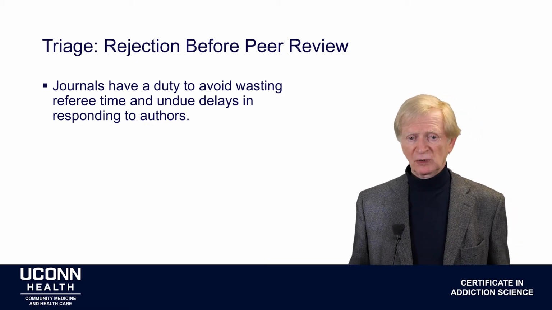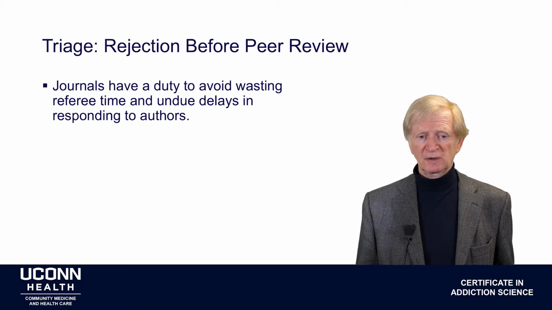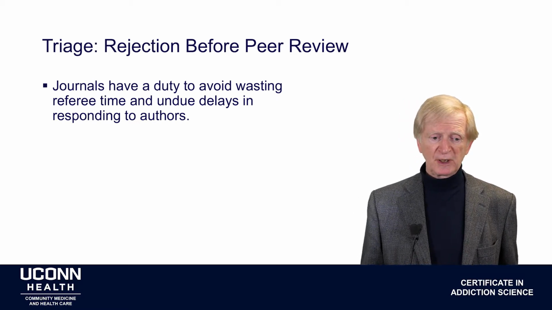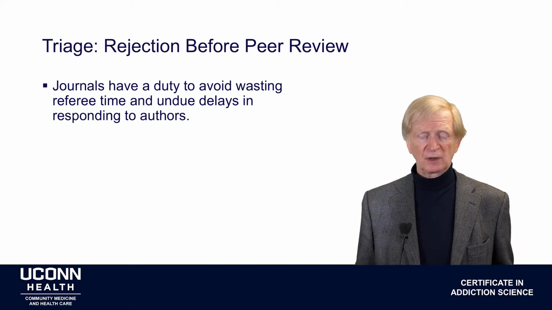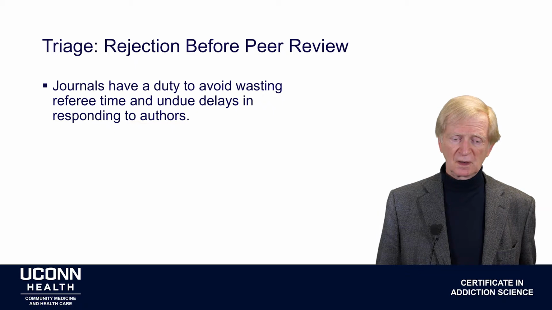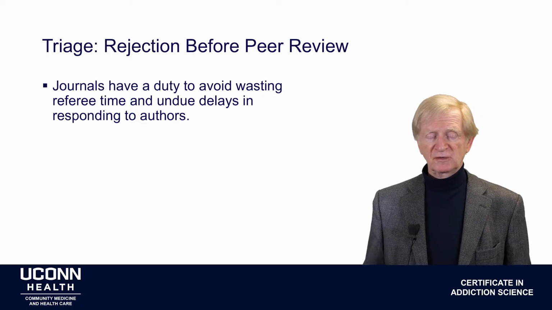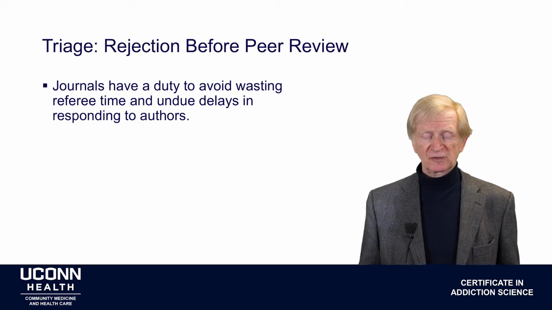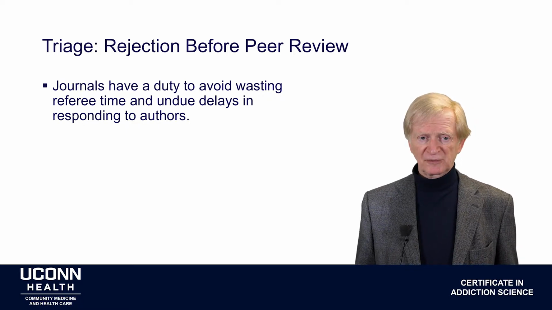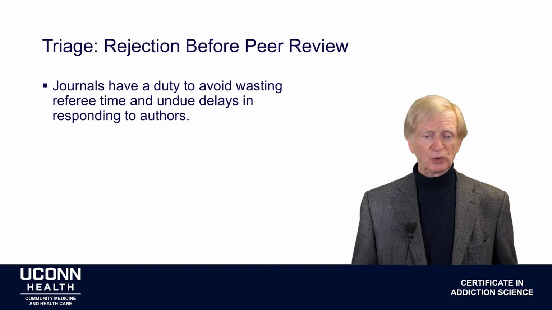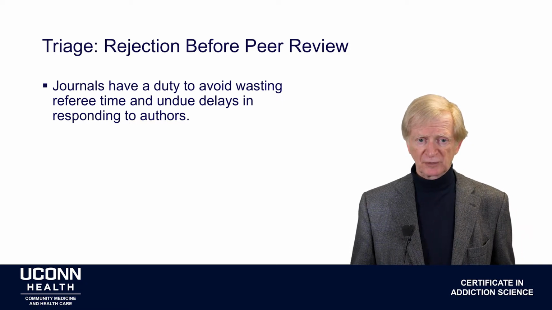So the editor and an assistant editor will look at the manuscript, see if there are any fatal flaws, see if it's interesting enough, and make a decision at that point whether to reject it at that time or to send it on to an assistant editor for management in the peer review process, which generally involves 2 or 3 reviewers.